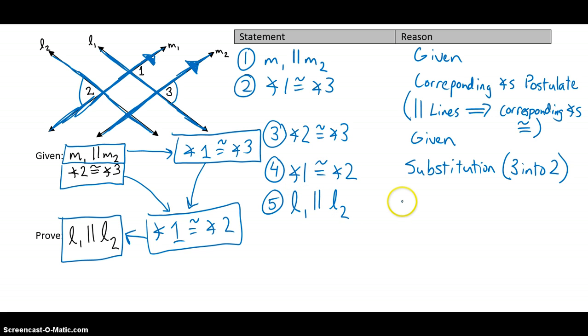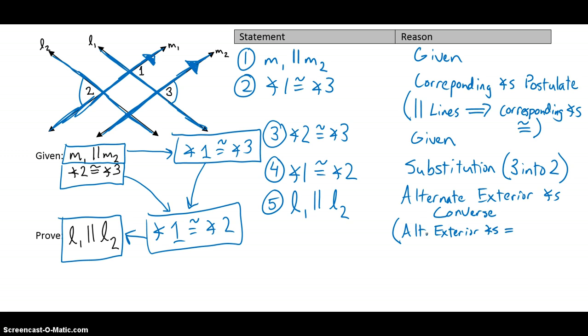Because 1 and 2 are alternate exterior angles, and the alternate exterior angles converse says that if my alternate exterior angles are congruent, then my lines are parallel. I could also write it like this: because my alternate exterior angles are congruent, I can conclude that I have parallel lines.